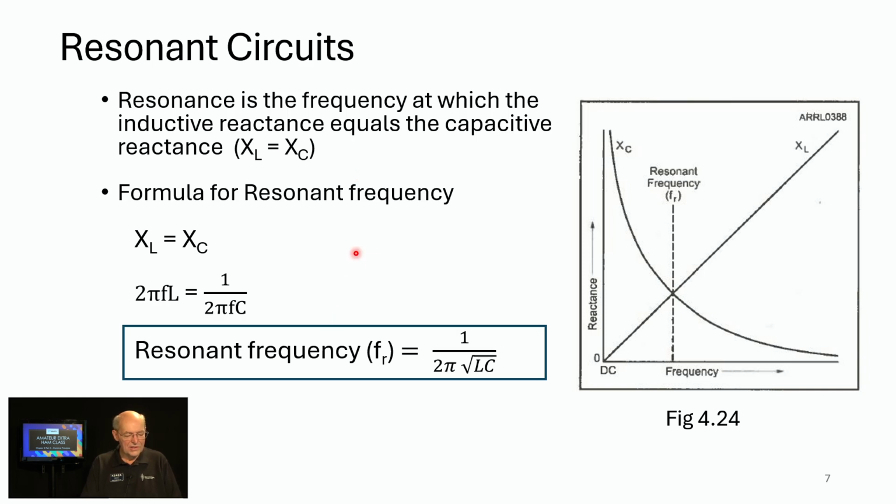So if this is true, you can solve this for frequency. If XL equals XC, you set those two formulas equal to each other, and then using magical algebra, you can come up with this formula: frequency of resonance equals 1 over 2 pi times the square root of LC. In a little story, when I went to take my extra exam, I forgot this formula.